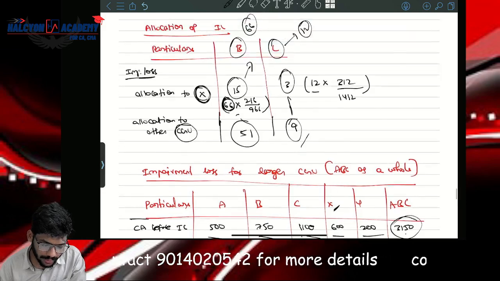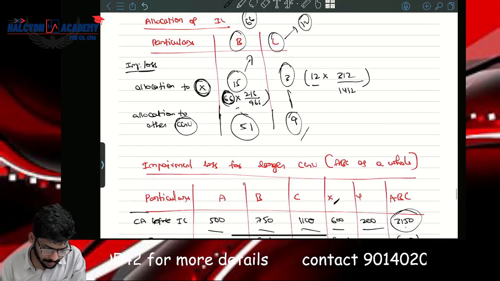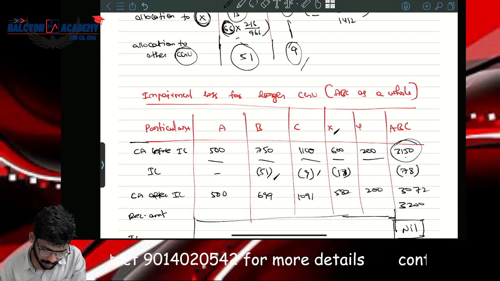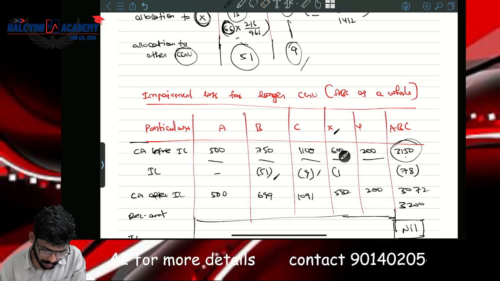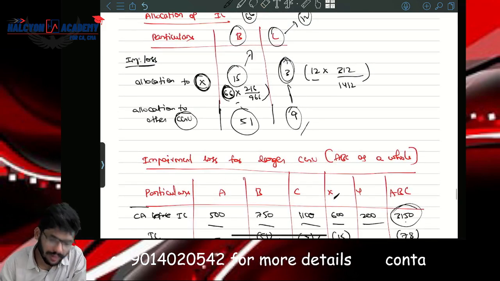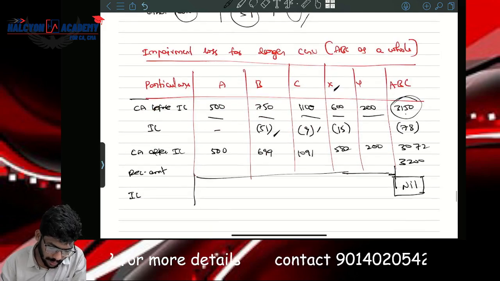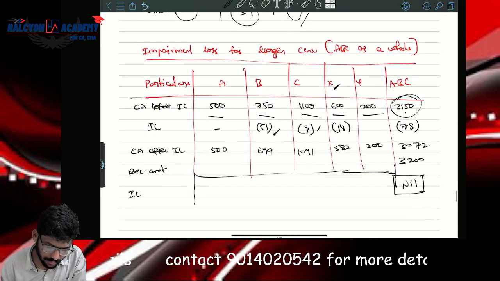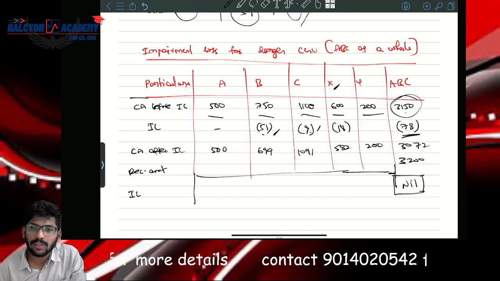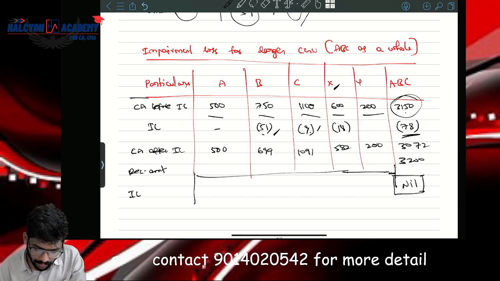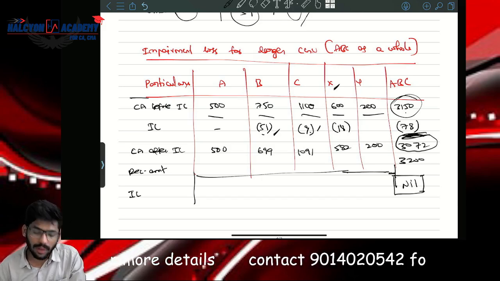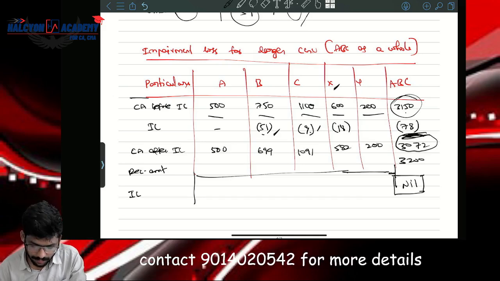In case of corporate asset X, 15. 15 plus 3 is total 18. So 51, 9, 60, plus 18, 78 is the total impairment loss. We have to reduce it from the total, and we will get 3072. This is the carrying amount after impairment loss.